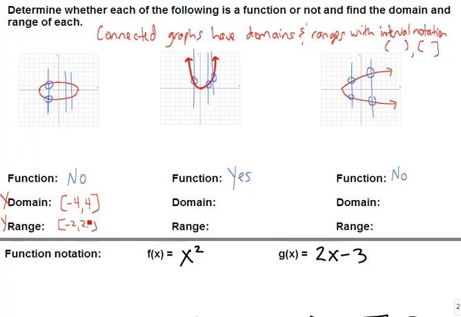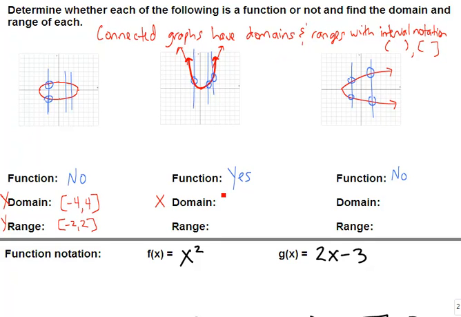So in the next example for our domains, which are our x's, think left to right. What x on the left do I sort of start at, and what x on the right do I sort of stop at? In this example, I have arrows. So this graph actually will continue to go up and to the left and up and to the right. So there is no starting x value over here on the left and no stopping x value on the right, because my graph will just continue to go towards minus infinity on the left and positive infinity on the right.